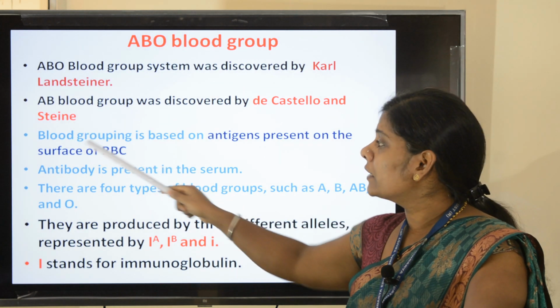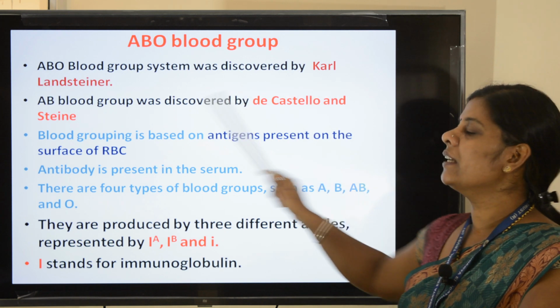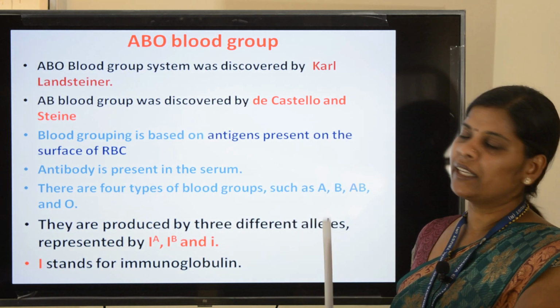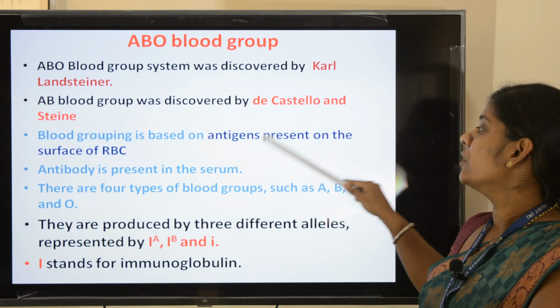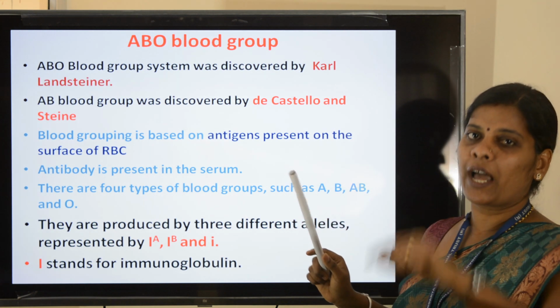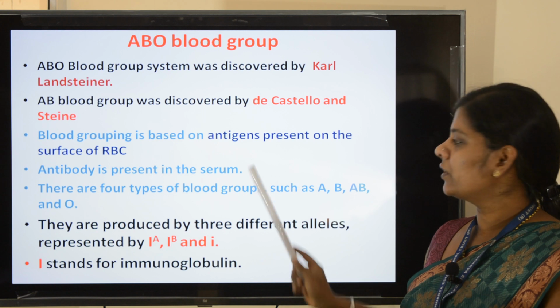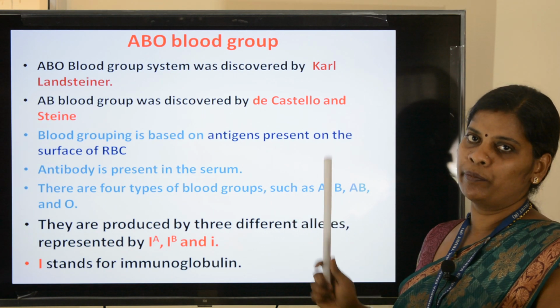Listen students, blood grouping is based on antigens present on the surface of RBC and antibodies present in the serum. What is serum? Serum is nothing but the fluid part of clotted blood.